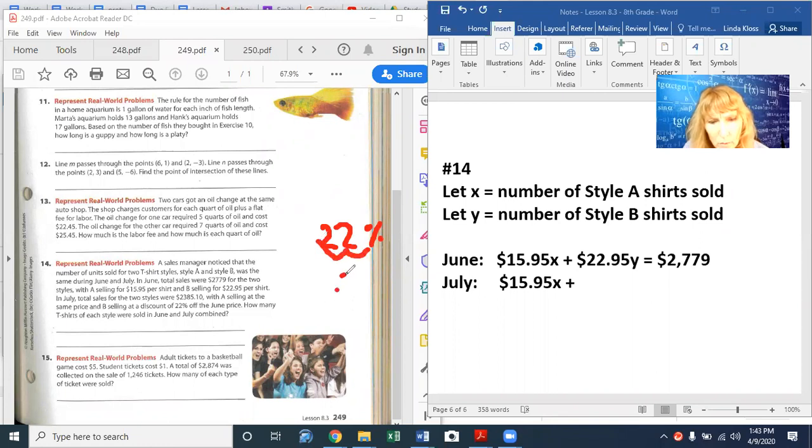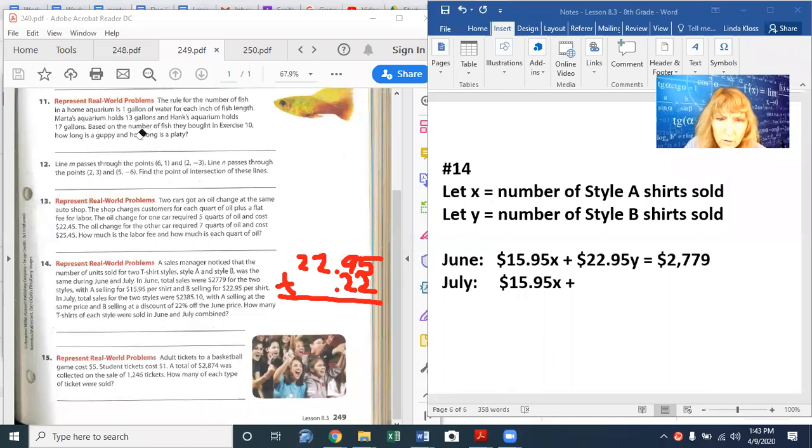So 0.22 is going to be multiplied by the original price of $22.95. I'm going to get rid of the 22% and not clog it up too much.